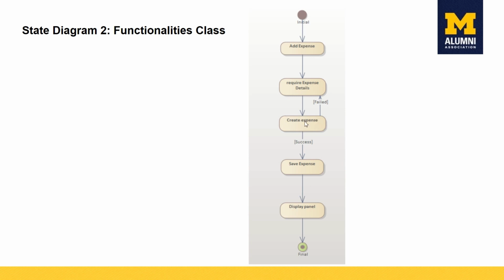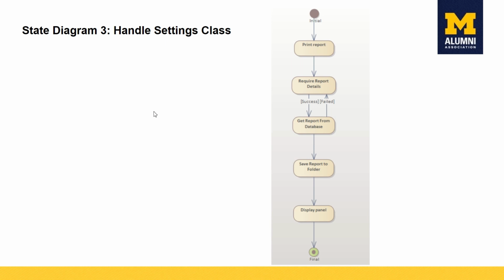If that works, it's going to be saved in the database. If that failed, it's going to go again and require them to fill in the expense details. After that, if that works, the panel is displayed, they will be sent to the main menu again, and that's going to be the end of the state diagram.